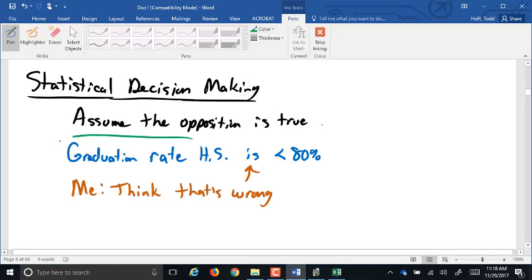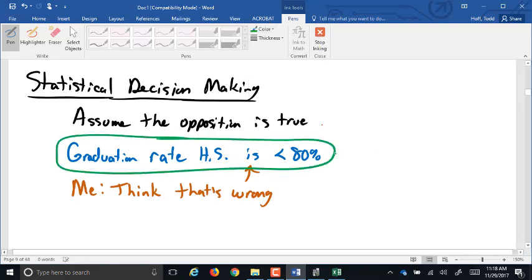What I have to do is assume that their claim is true, and then gather evidence that is so strong that I can't stick to that assumption, that nobody else can stick to that assumption.